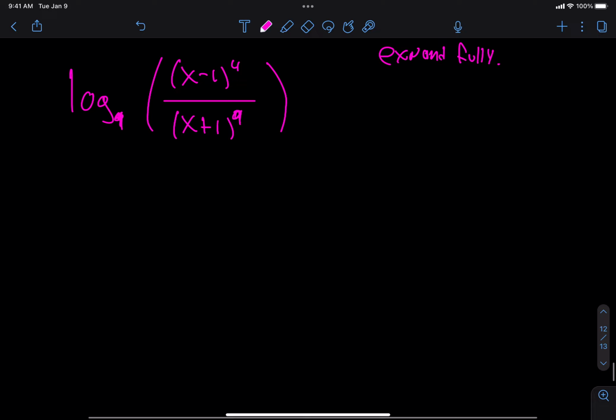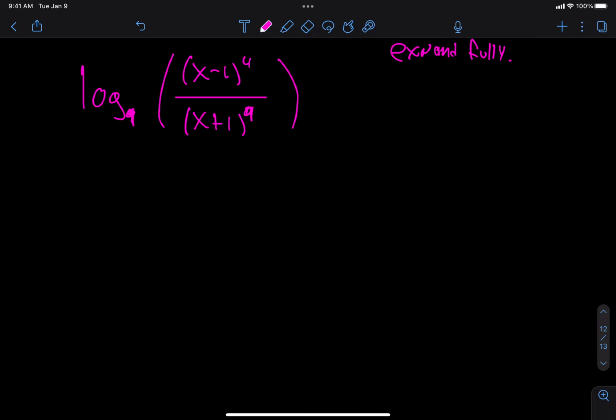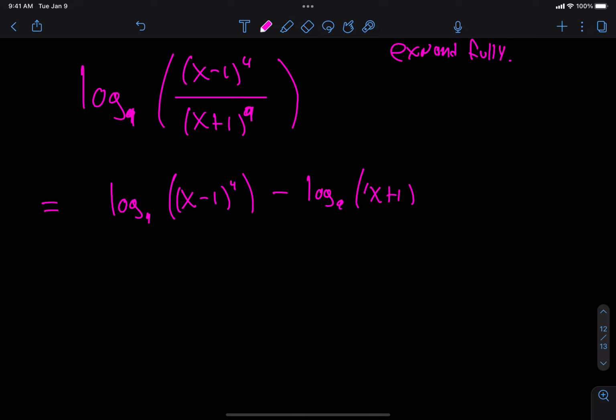Someone help me out with the first step. Yeah, so I have a quotient on the inside. A quotient on the inside can be turned into a difference on the outside. So I'm going to rewrite this first as log 9 of x minus 1 to the 4th power minus log 9 of x plus 1 to the 9th power.